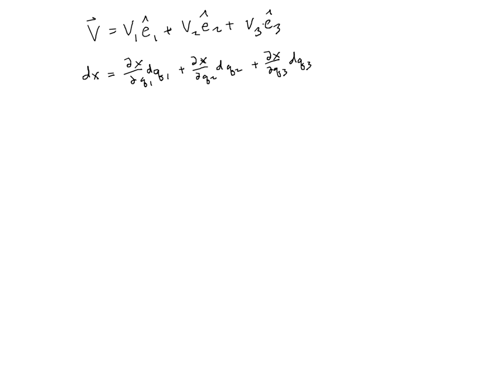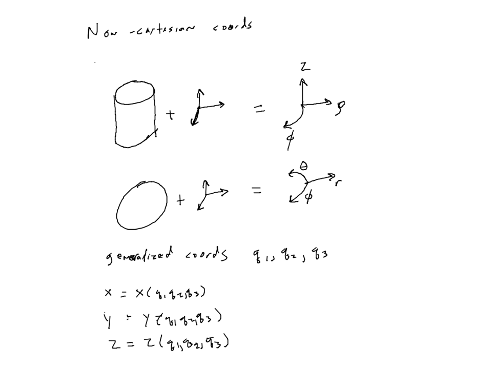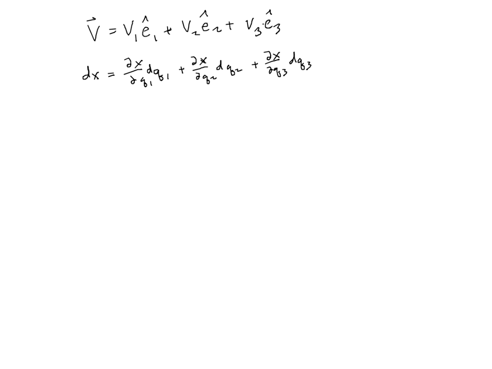And so you can see here that if I want to know how my coordinate x changes, I can do it with respect to these other coordinates. And I can do this because x is a function of q1, q2, and q3, right?